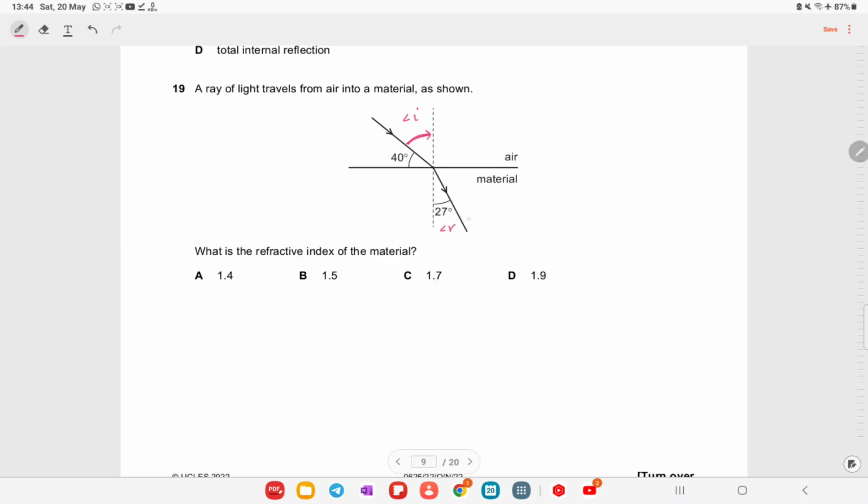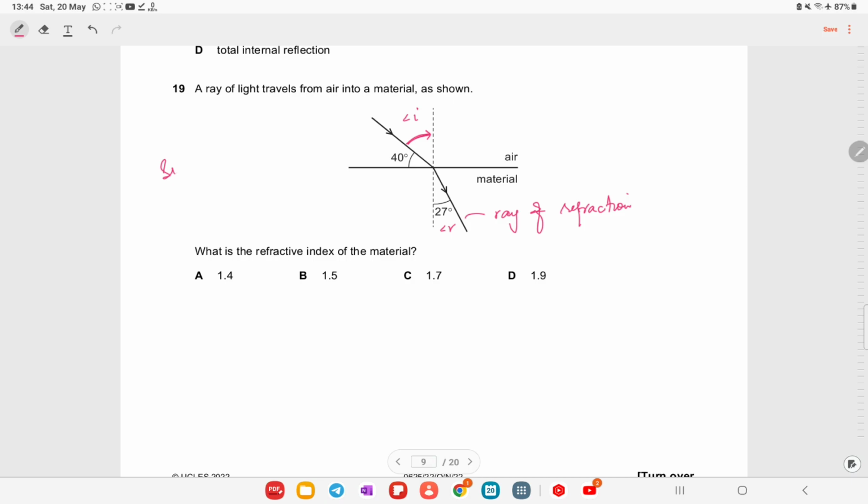Again, the refracted ray and the normal, whatever the angle in between, that is called the angle of refraction.